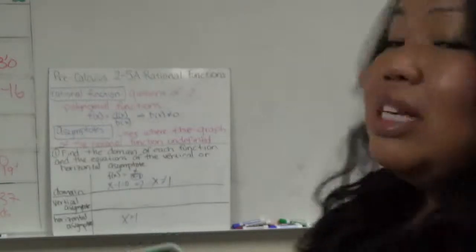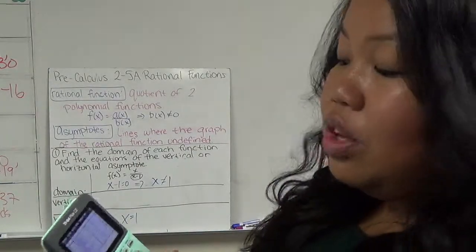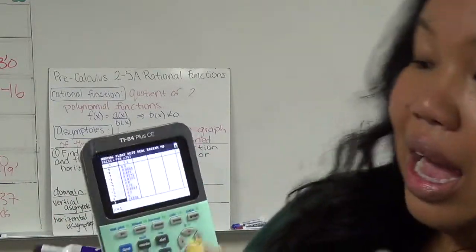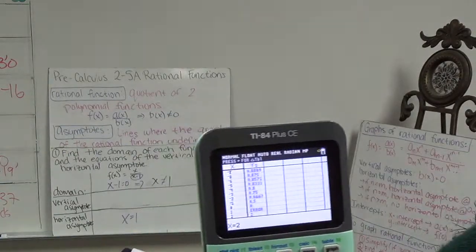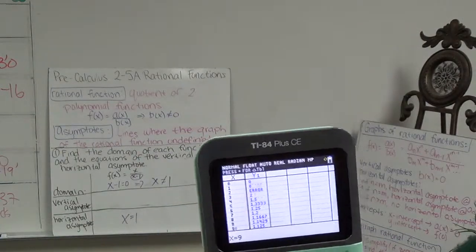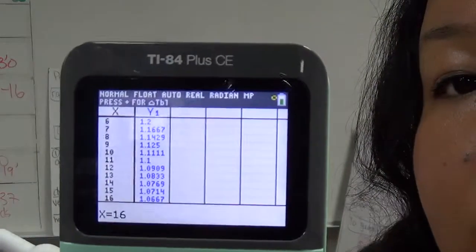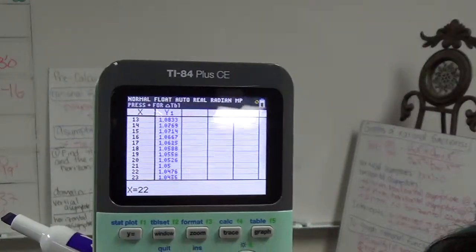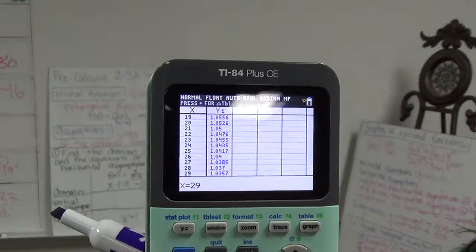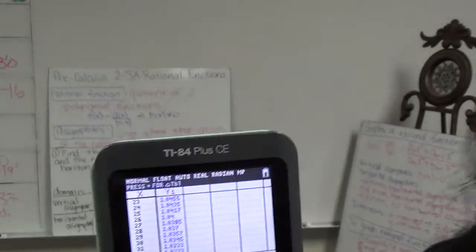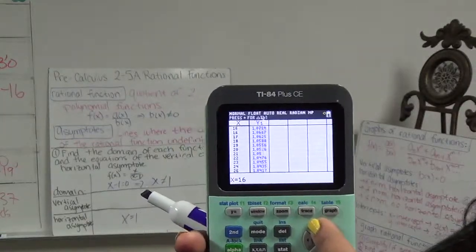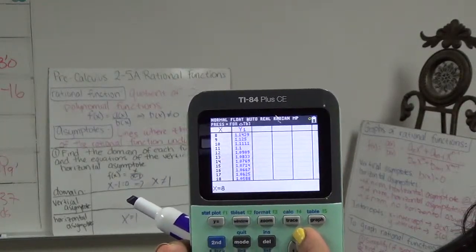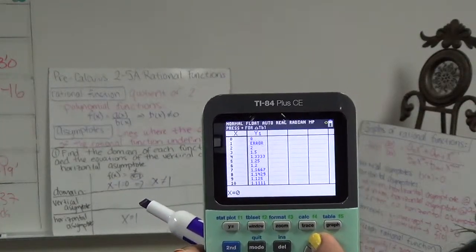Now, the vertical asymptotes are a little bit more difficult because we're not looking for an error sign, we're looking at the behavior of the y. So if I go down to all the positives and I go as far as I can, it'll decrease and it'll keep decreasing to 1, but it'll never actually hit 1. And in this case, the opposite direction, I'm following that behavior as well, and I'm looking at the pattern.